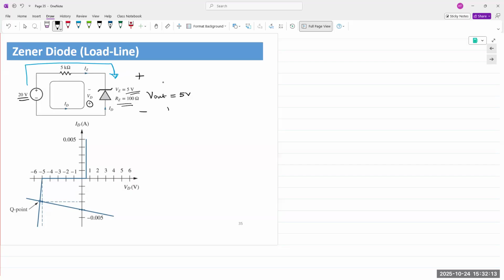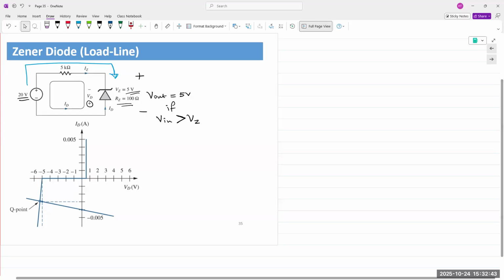So V out is equal to 5 volts only if V in is greater than VZ. If it's less than VZ, then the diode is off and V out is simply equal to V in. So far, so good.